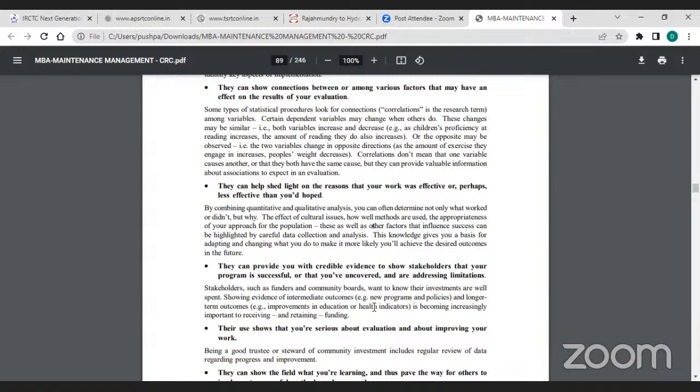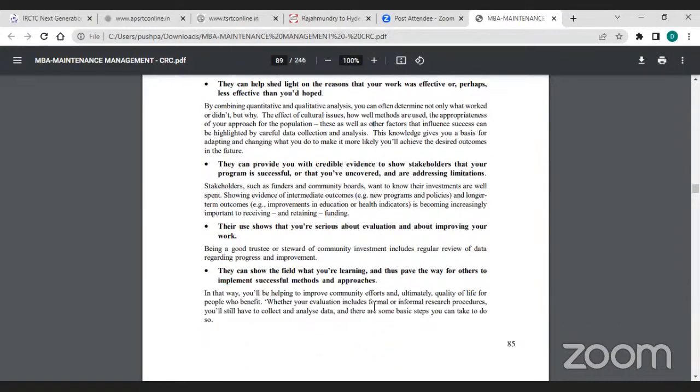Whenever we have recorded data and statistical figures, and we show them in the form of diagrams, outcomes, or numerical form, it definitely gives clear evidence to the stakeholders that we have an effective environment and are trying to address all the limitations that have been happening here.